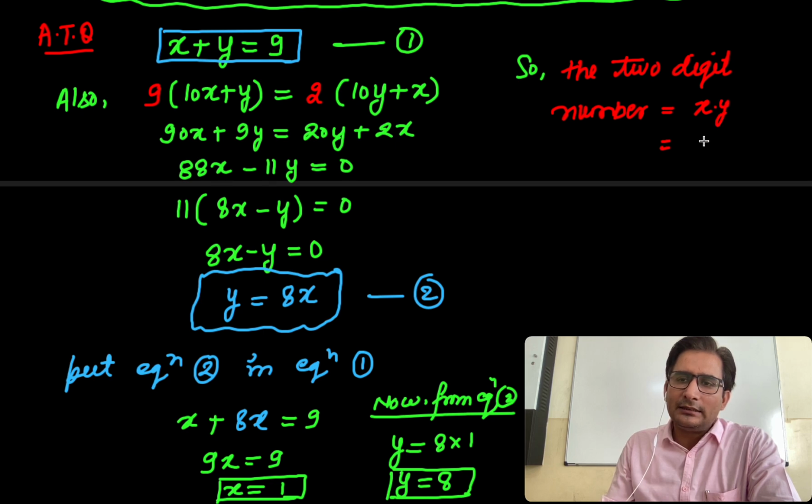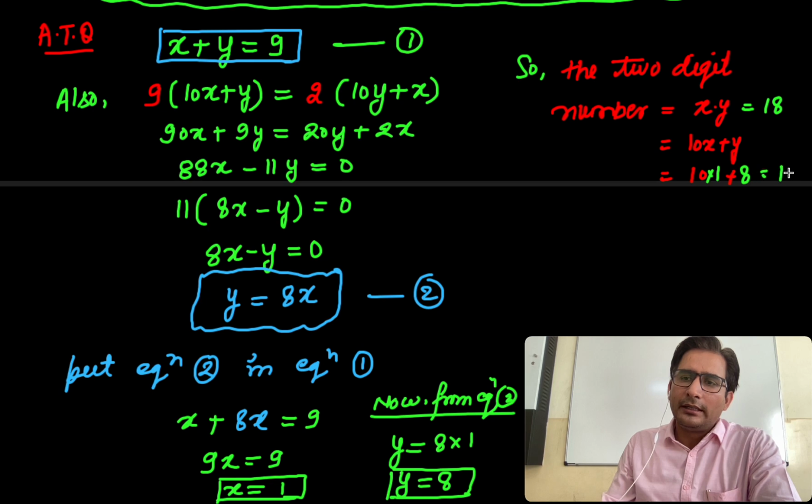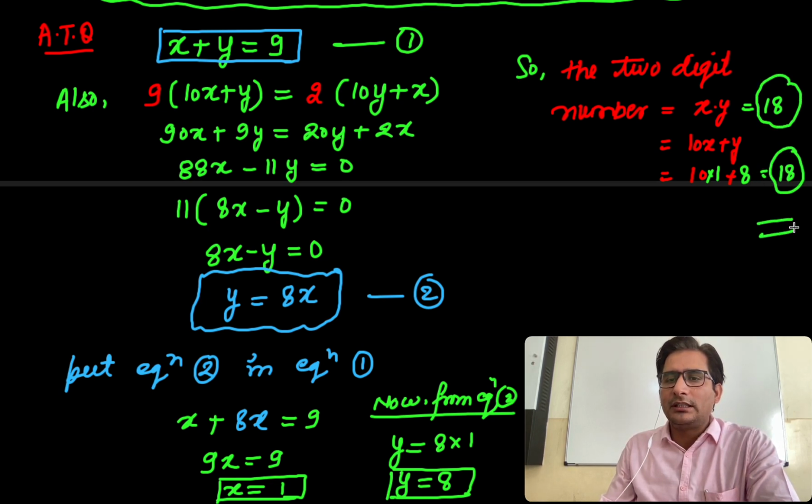So that number can be written as 18. 18 is the number, and it can also be written as 10x plus y. If you put the values of x and y here, x is 1, y is 8, it is equal to 18. So 18 is the answer in this case. I hope this question is clear to you all.